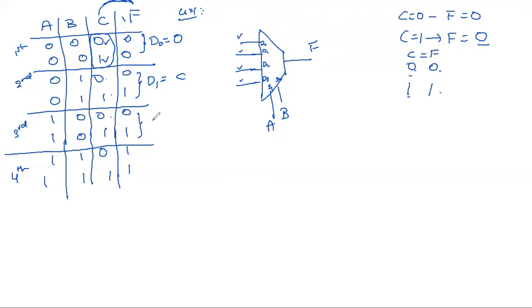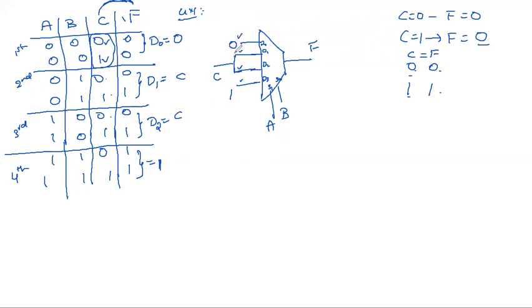Here also both are same. So D2 also C. D3 is always 1. Right? So write the expression: D3 is 1, D1 and D2 both are same, that is C. D0 is 0.